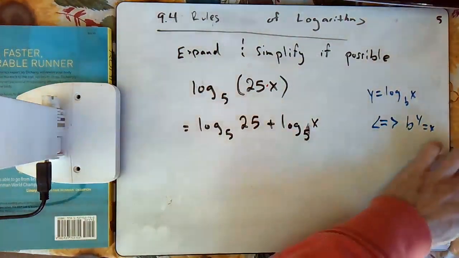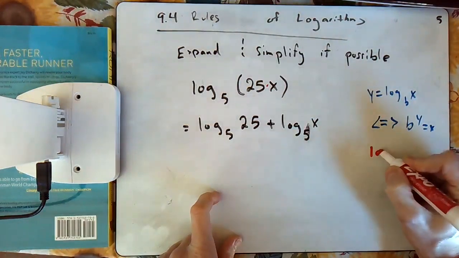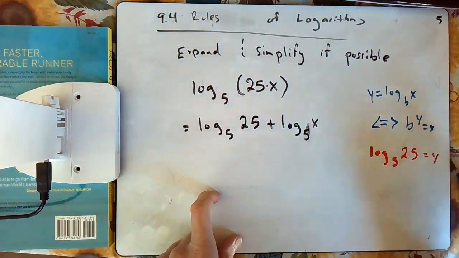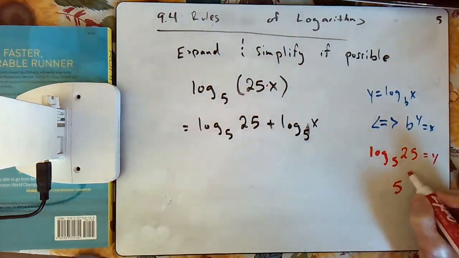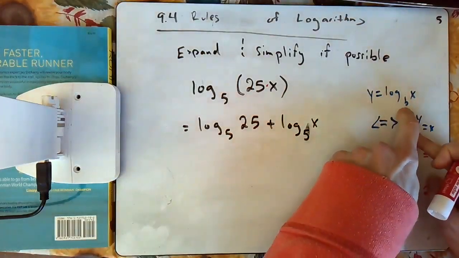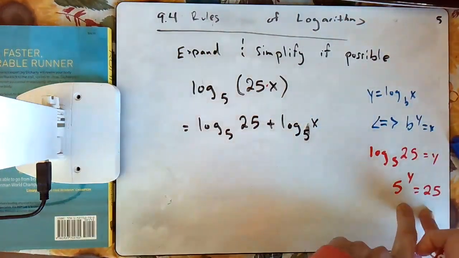So what if we tried that off to the side? If I take log base 5 of 25 equals y, if we convert that into exponential form, that's 5 to the y power equals 25, right? Because remember, we're just matching b with the b, y with the y, x with the x, and we get this exponential expression.